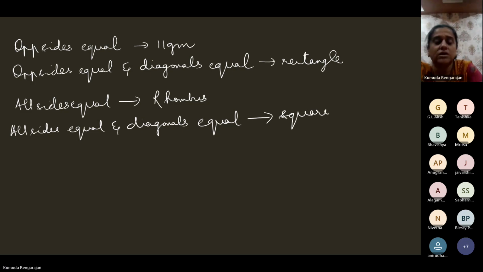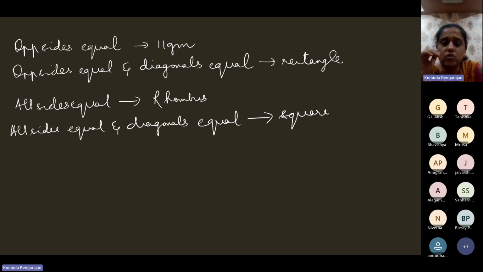In all these cases, 4 points of the four corners of a quadrilateral will be given to you. And you may be asked to prove that it's a parallelogram or a rectangle or a rhombus or a square.